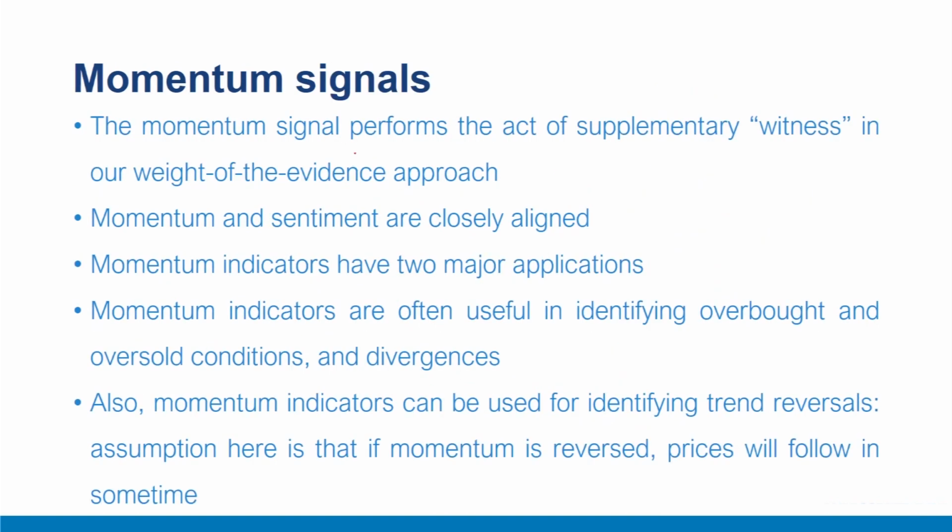Momentum signals have some important properties. First and foremost, these momentum evidences act as supplementary witness in the overall weight of evidence approach with other indicators such as trend line, volume, among others. Often, momentum and sentiment are considered to be closely aligned. There are two major applications of momentum indicators.